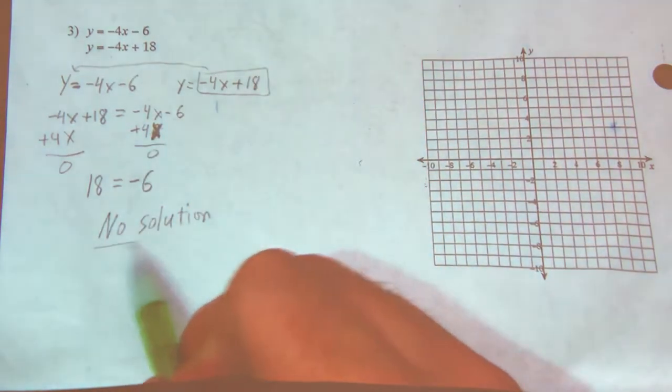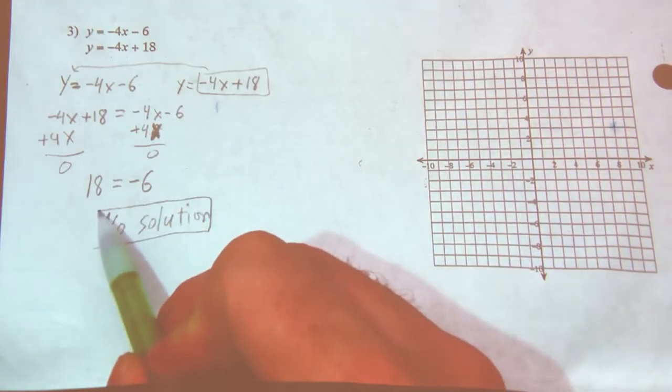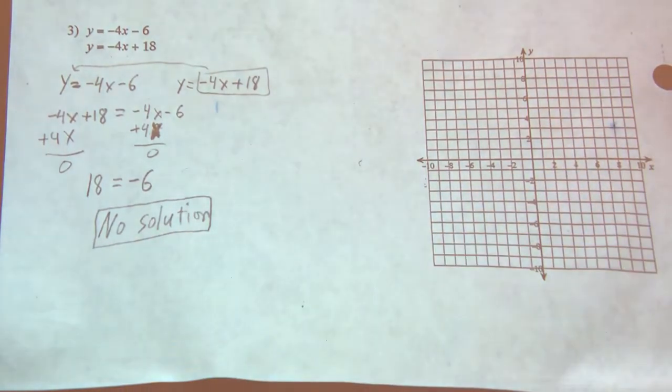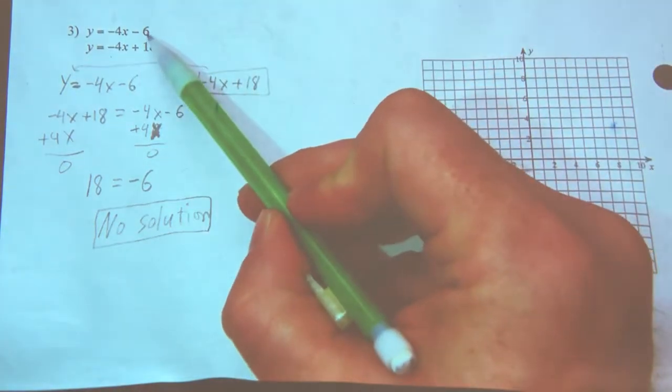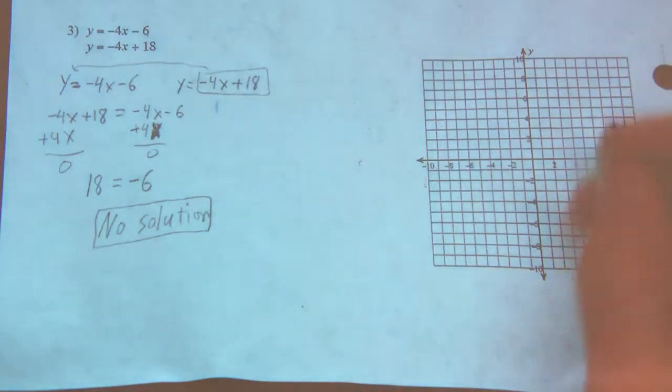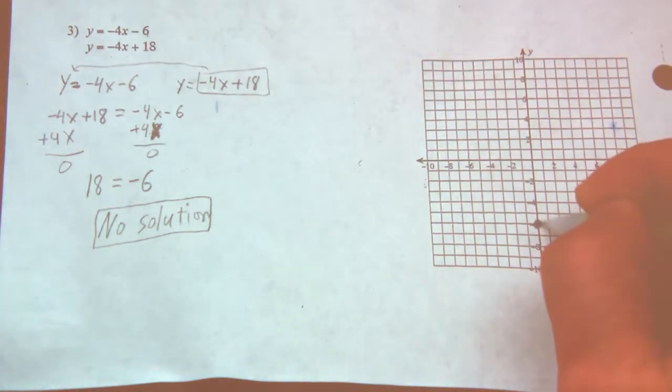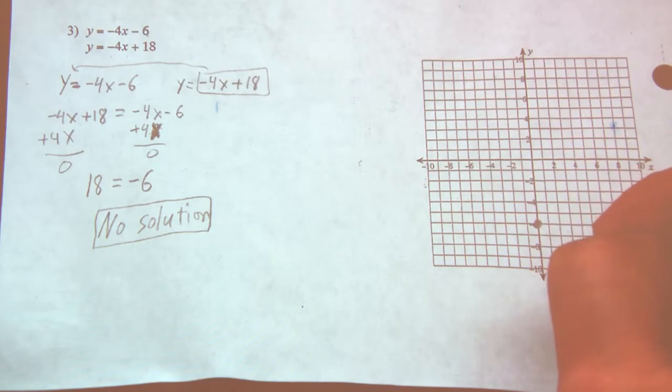But we should think about how it is that we have two lines graphed on the same coordinate plane and we get no solution. So let's graph them and see what it means. Here I have a y-intercept of negative 6, and that goes down 4, right 1.